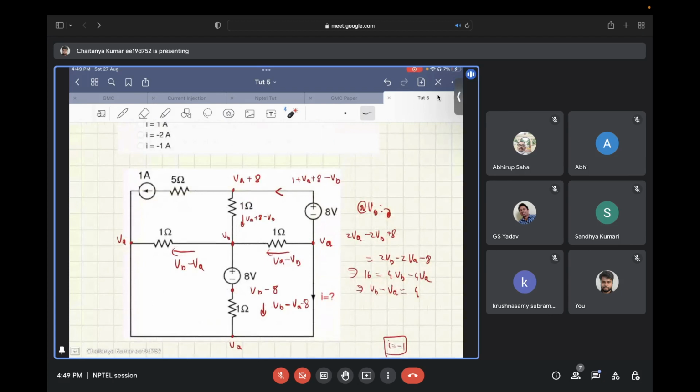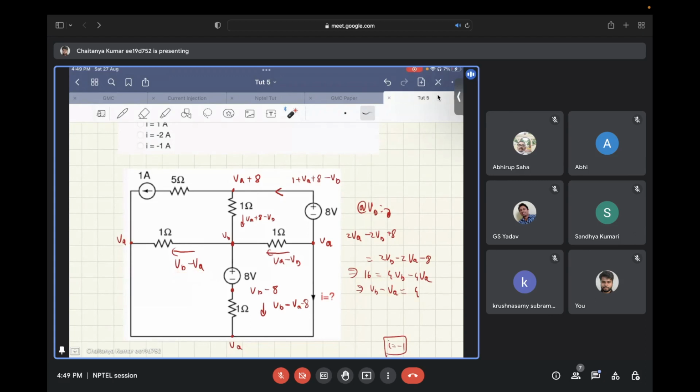If you annotate the nodes accordingly, then you can use KCL and KVL. You can see what currents are flowing through each branch. Since all of them are 1 ohm, this 5 ohm resistor again doesn't make any difference in the circuit, because it is in series with an ideal current source. In this node, in this direction, you will have a current flowing, that is VB minus VA.